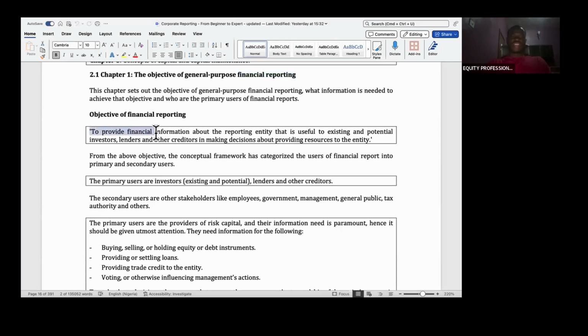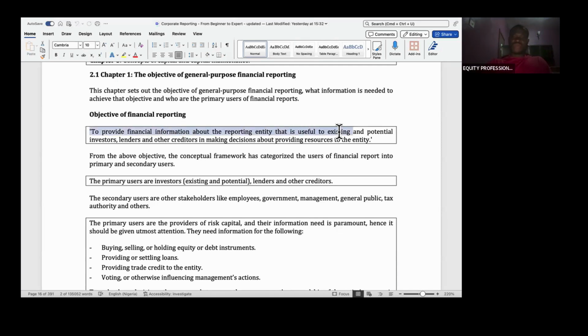It says that the objective is to provide financial information about the reporting entity that is useful to existing and potential investors, lenders, and other creditors in making decisions about providing resources to the entity. To provide financial information. That's the first sentence in this objective.